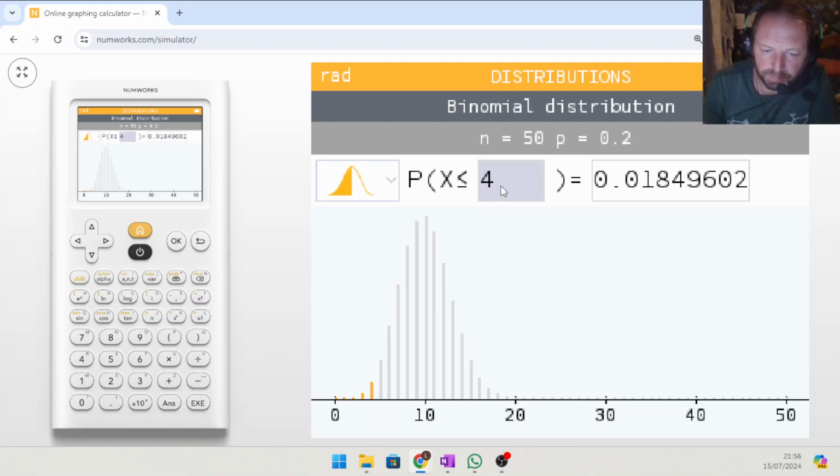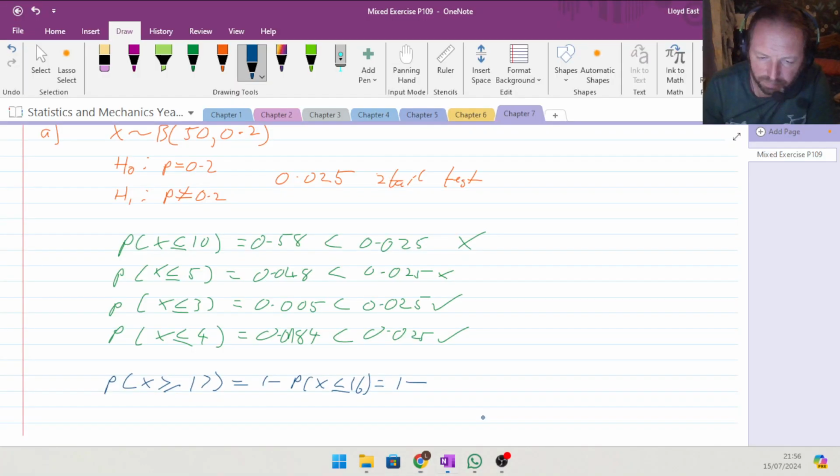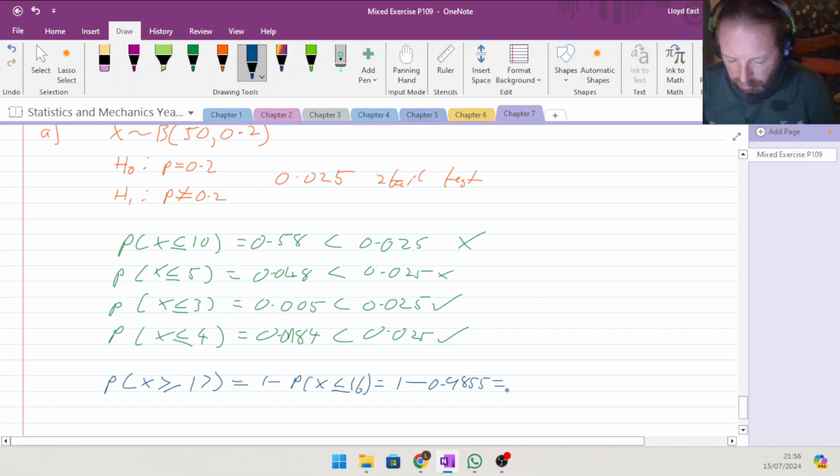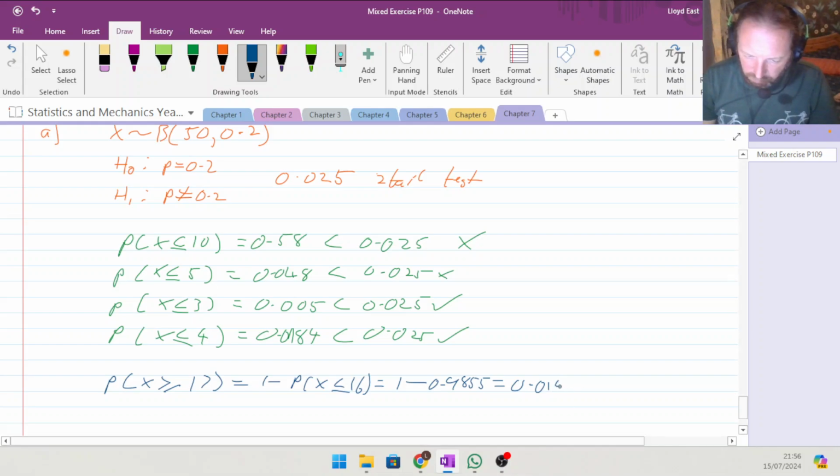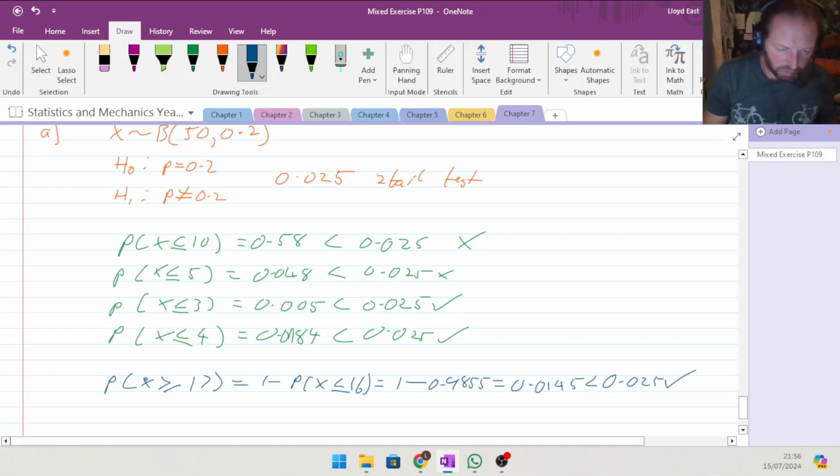Here we are, 0.9855. Doing the takeaway, 1 minus 0.9855 gives us 0.0145, which is less than 0.025.